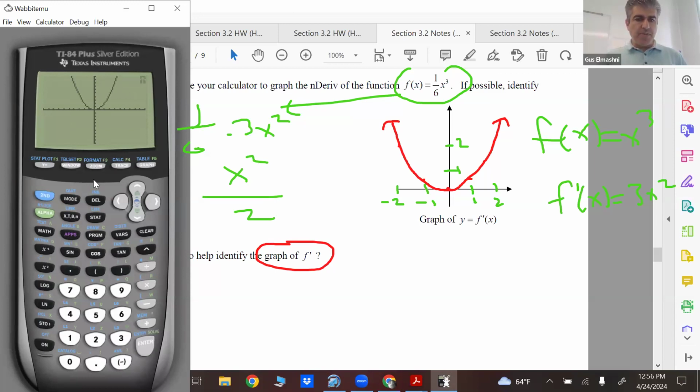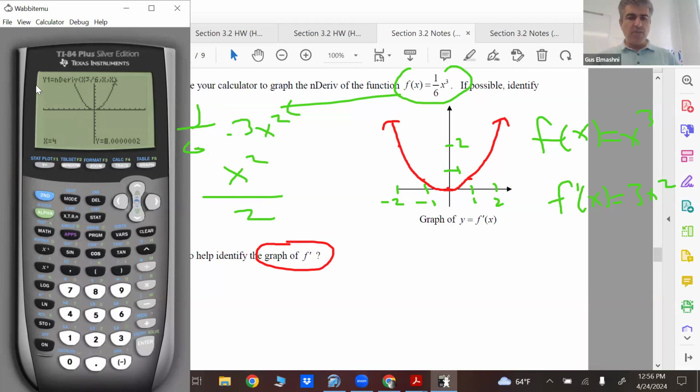If you were to hit second trace value, at x equals 2, my derivative is 2, right? Or if I do this, at x equals, say, 4, my derivative is 8.